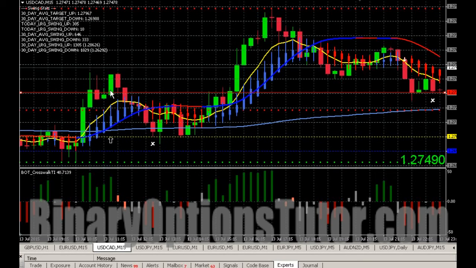You can obviously go long or short, but here's a move right here, and inside of that same 15 minutes, these are 15-minute candles, that's roughly 10 pips.